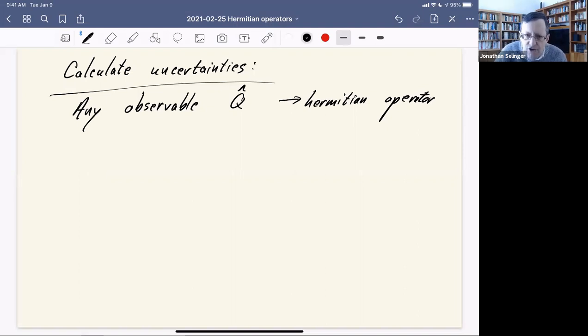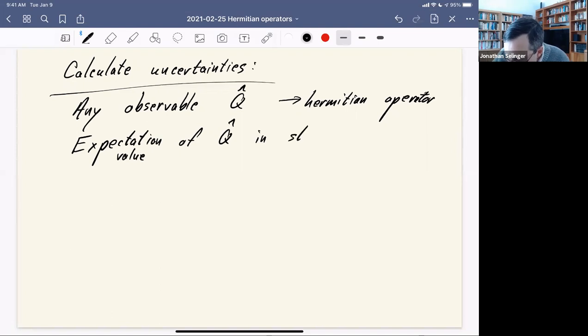It also has a standard deviation. That's the kind of thing that we've been studying all through the semester. So the expectation value of Q in the state psi is this expectation value of Q, like that.